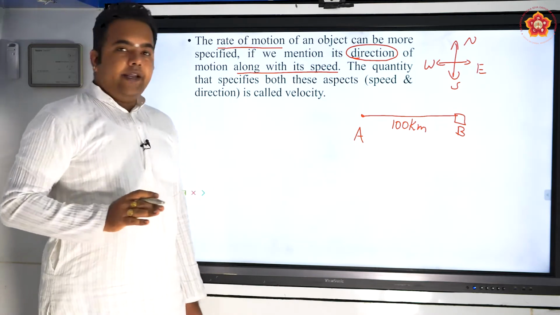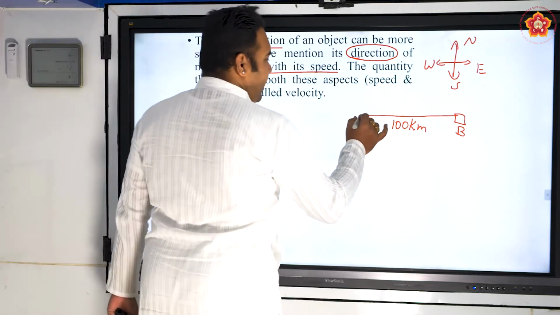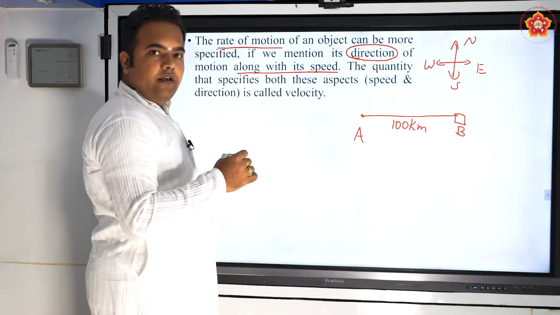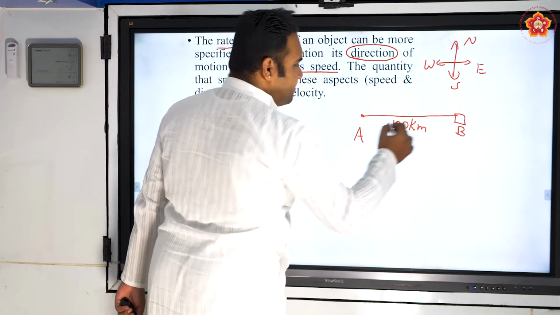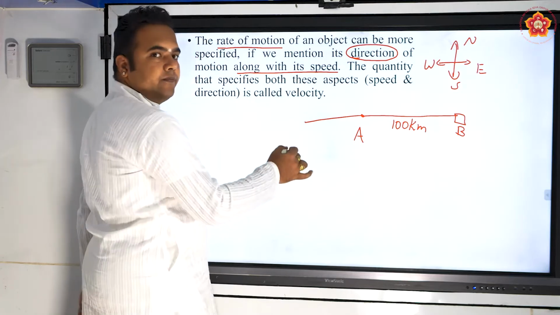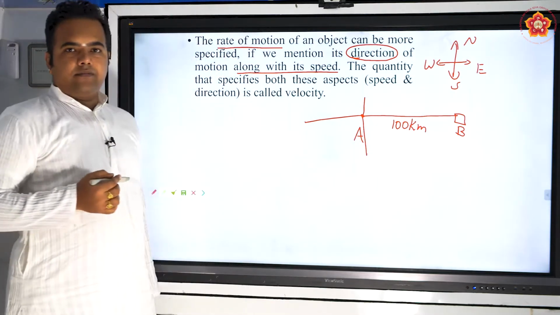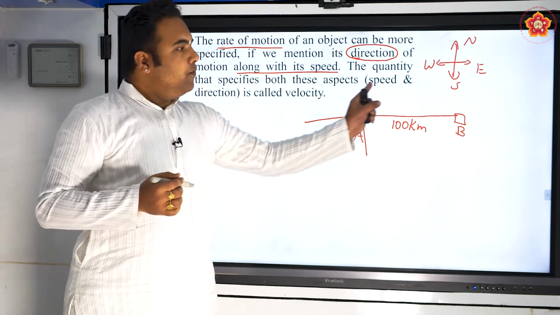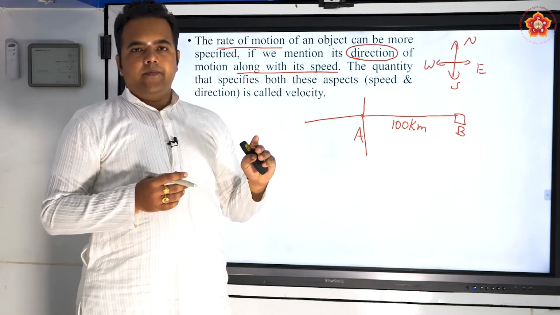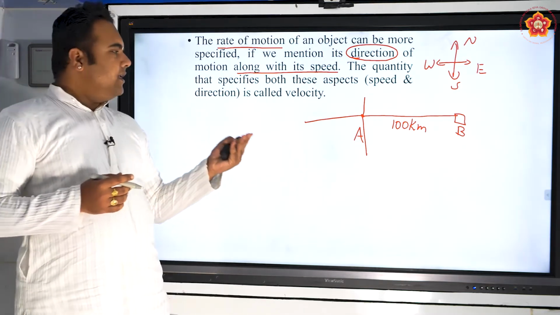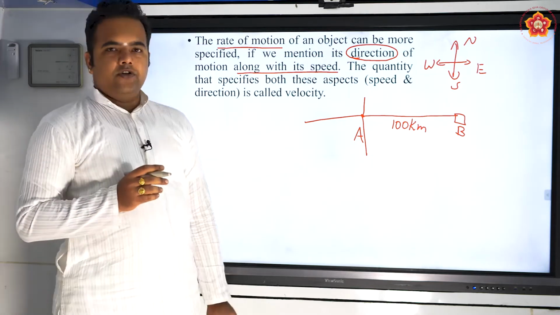Suppose they don't specify direction and they just say you go 100 kilometers. So starting from A, if the direction is not mentioned, I can travel 100 kilometers towards my right or towards my left or towards the northern direction or south or any other direction. So the speed, or the rate of motion, which is nothing but speed, is more specified whenever we mention the direction of motion.